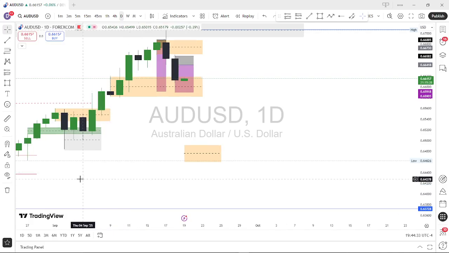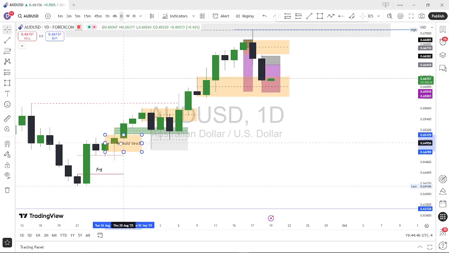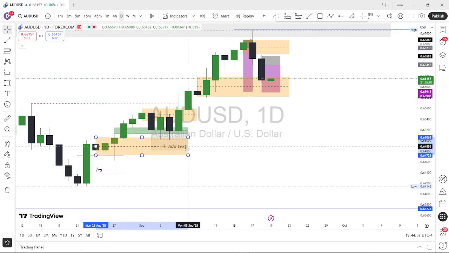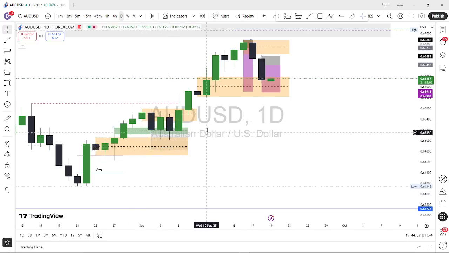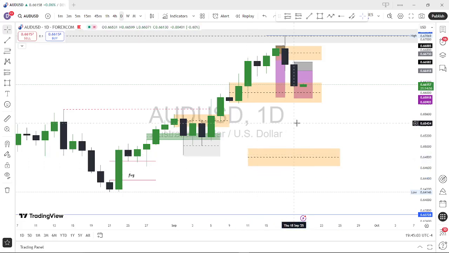Before going back up, we had little reactions here, and some people might be guessing why is there a little reaction there. Some will be like, okay, probably it is respecting the OB that is here, which is this. But then you draw it and you notice that it's only tapping into it little by little.